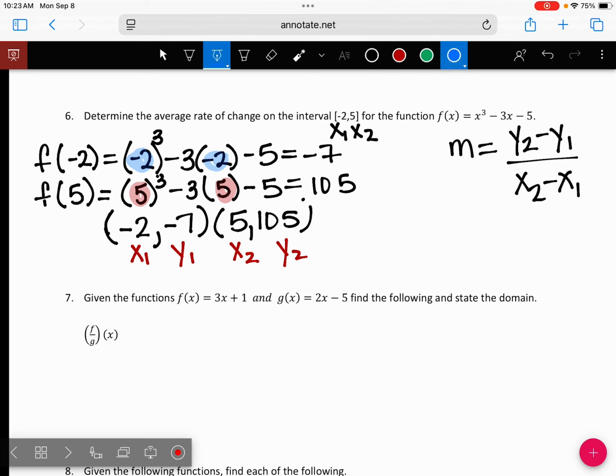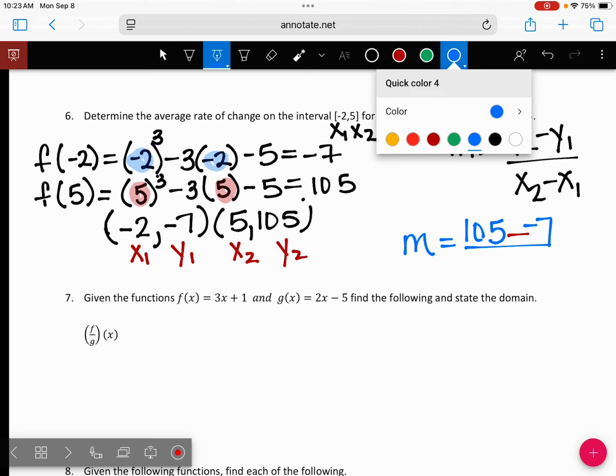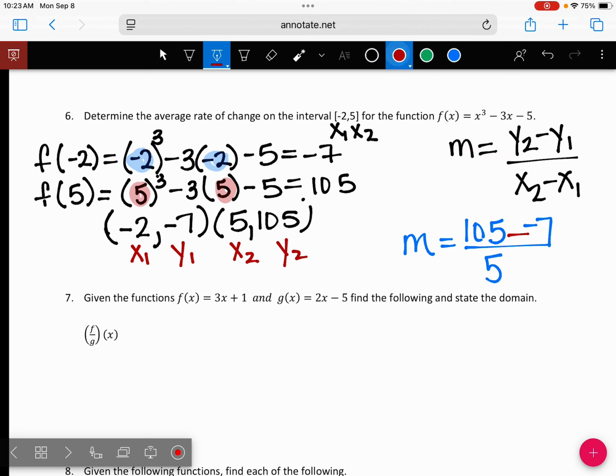So my slope is going to be m equals 105 minus negative 7, over 5 minus negative 2. And we know that when we subtract something that's negative, it becomes addition, which is going to give me 112 over 7.